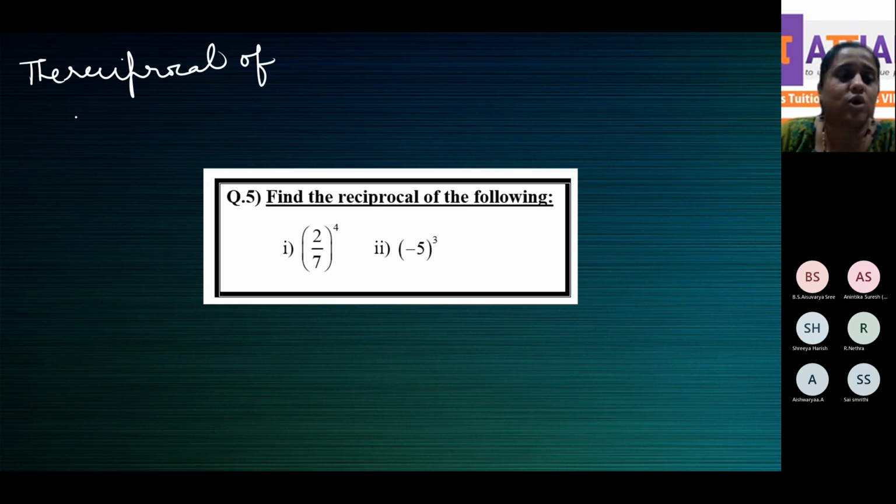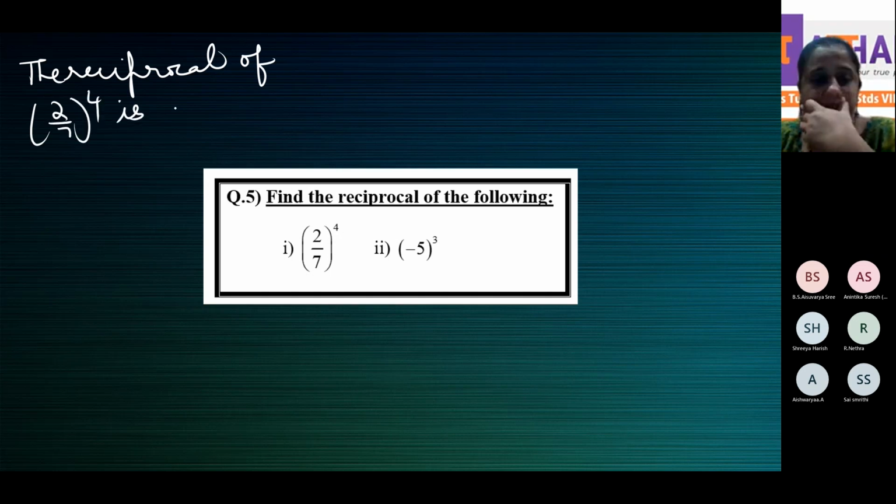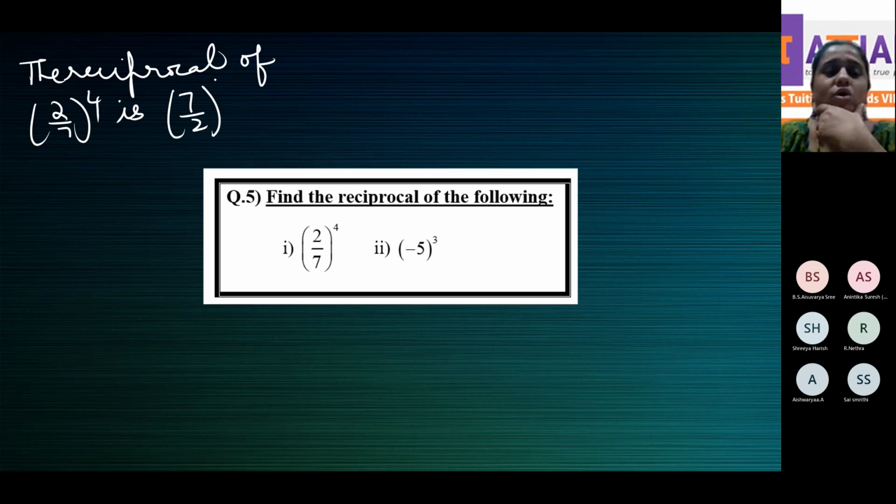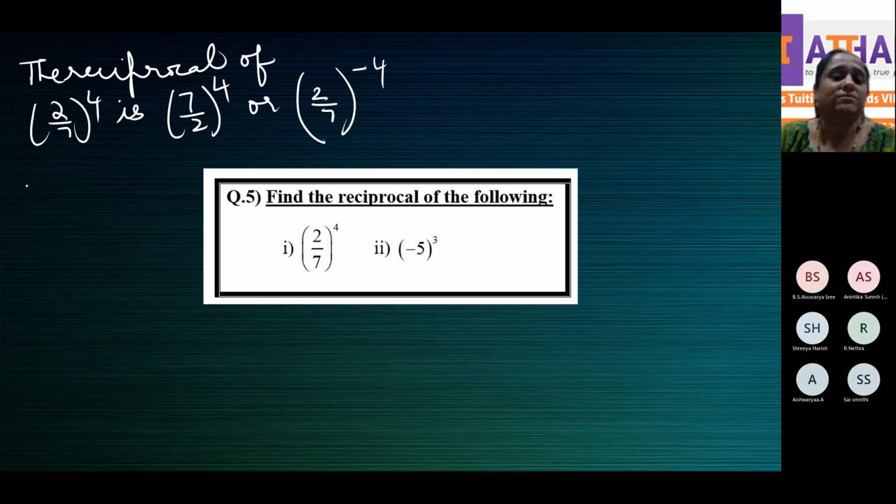The reciprocal of 2 by 7 to the power 4 is 7 by 2, power 4, or 2 by 7, power minus 4. Very good. Excellent. Next one. Somebody else? What's the reciprocal of?